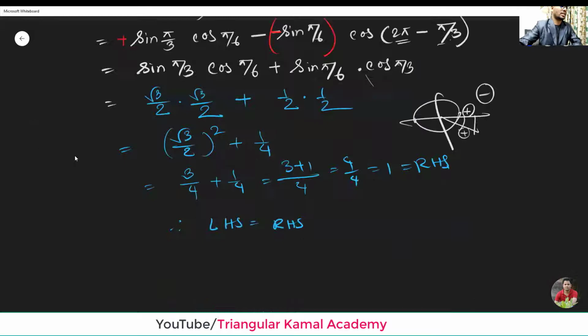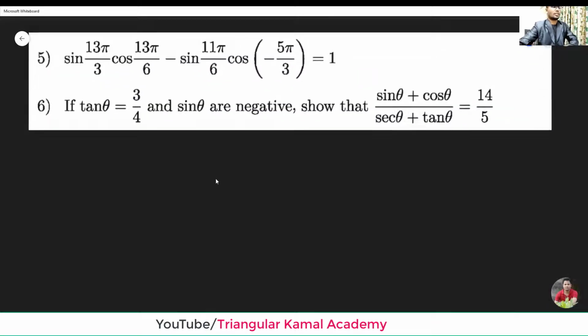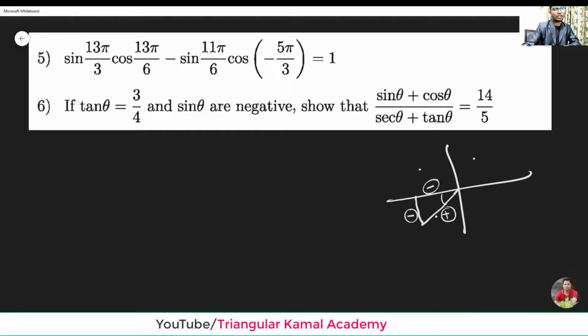So question number 6 here we can write. Let me review this one. Okay. Now if we discuss this quadrant system, here all are positive. In the second quadrant, tan is negative. In the third quadrant tan is positive. So first draw the figure in the third quadrant. Here adjacent side is minus, opposite side minus, hypotenuse is always plus.